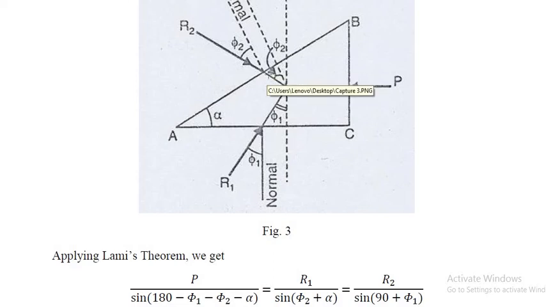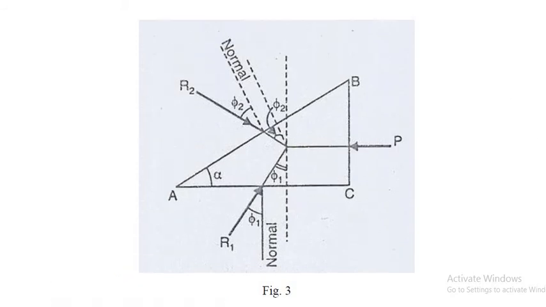If you subtract, 180 minus phi 1 minus phi 2 minus alpha, we will get the angle between R1 and R2, which is the angle opposite to P. Similarly, R1 divided by sine of this angle, which will be phi 2 plus alpha, because this angle will be phi 2 and this will be alpha.